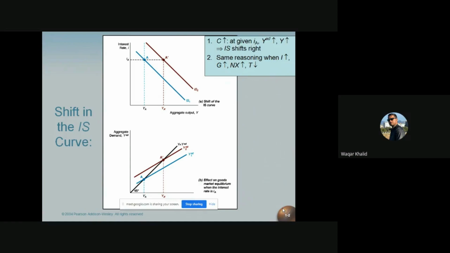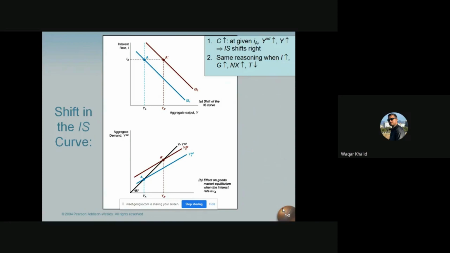When we discuss the case of shift, it means that the IS curve or the ISLM curve will completely shift its position from the original to a new position. But when we talk about movement, it means changing positions from one point to another along the same IS curve or along the same LM curve.